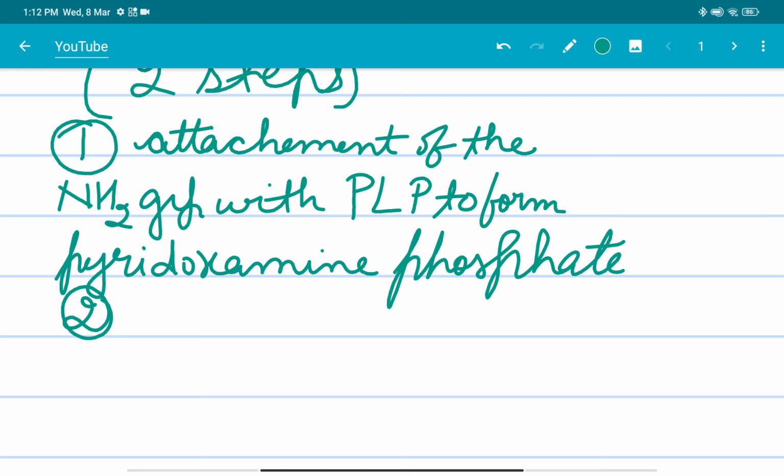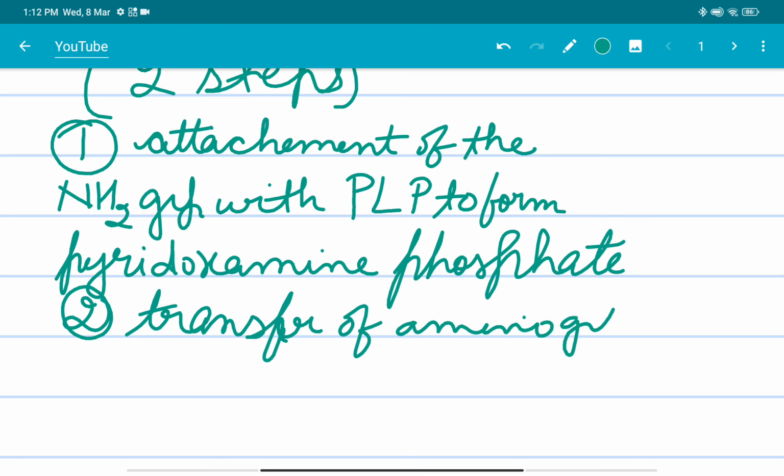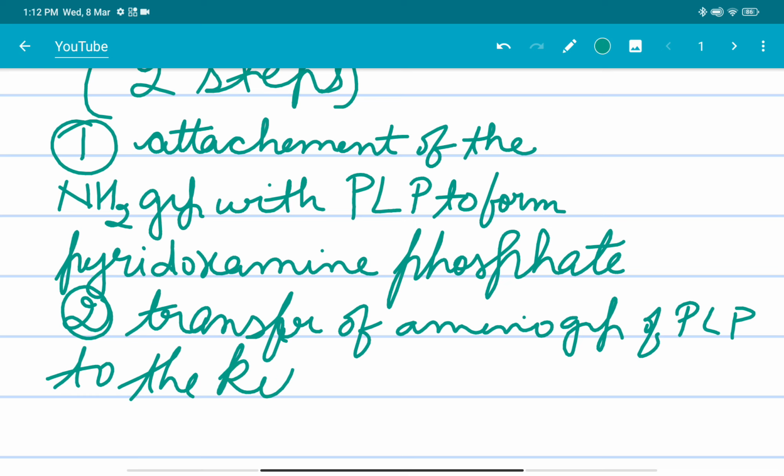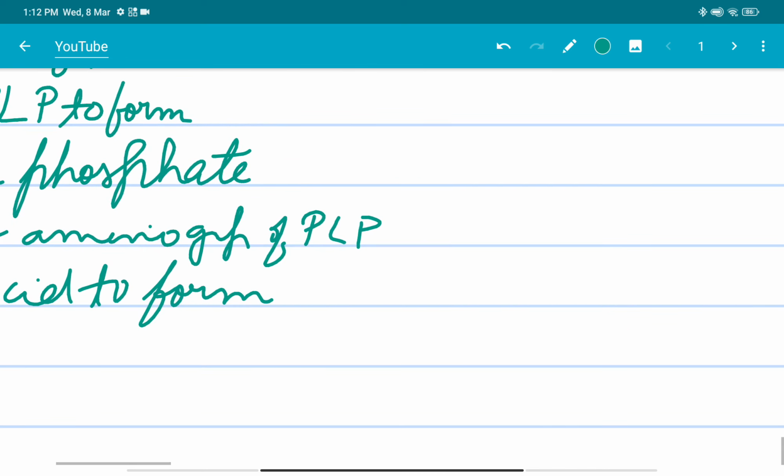Or you can write that there is a transfer of amino group of pyridoxamine phosphate to the keto acid to form a new amino acid. Fine.